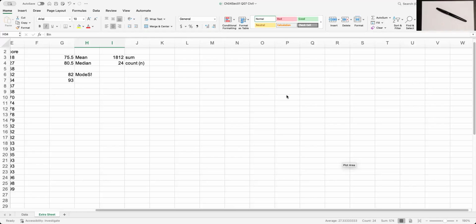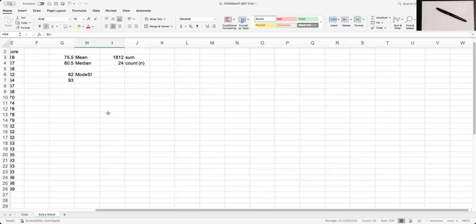Okay. Emily? So, because the mean has the most frequency, so you're going to have it for the mode. Right. But we don't know how many times it occurred, right? We don't know if that 82 occurred twice or 3 times or 7 times. I can't tell just from the mode that those are the highest.